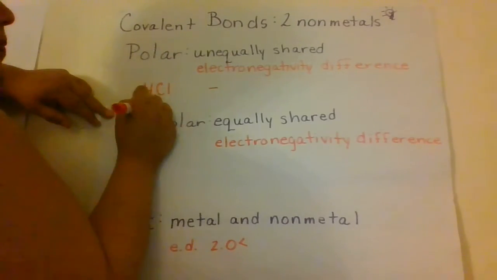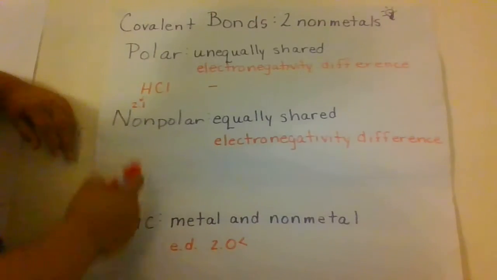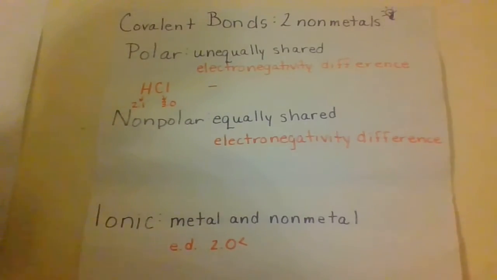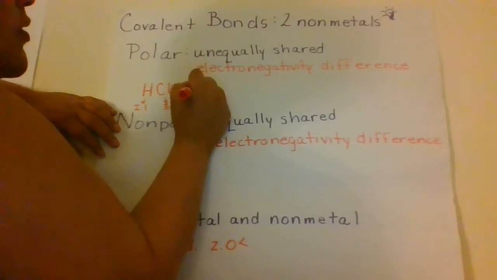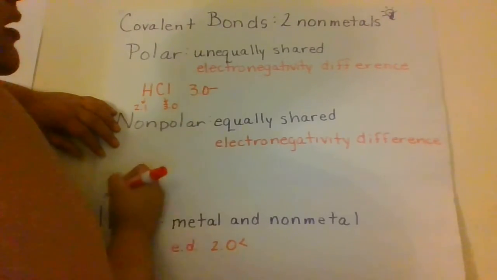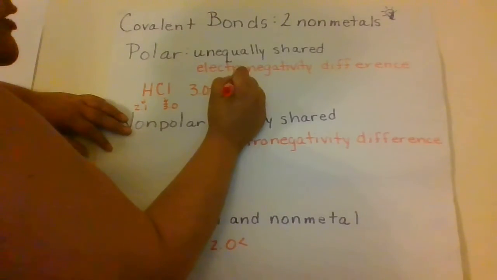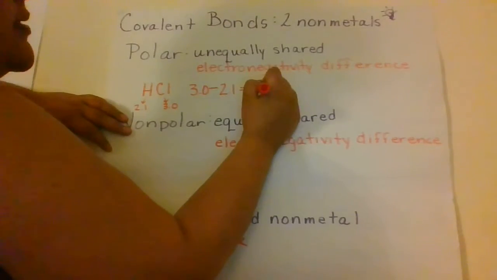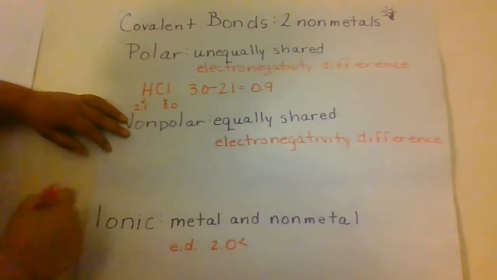Then we also see on the chart that chlorine comes in at 3.0. Simply stating, we're going to take the 3.0 for chlorine and subtract the electronegativity of hydrogen. This is going to give us a difference of 0.9.